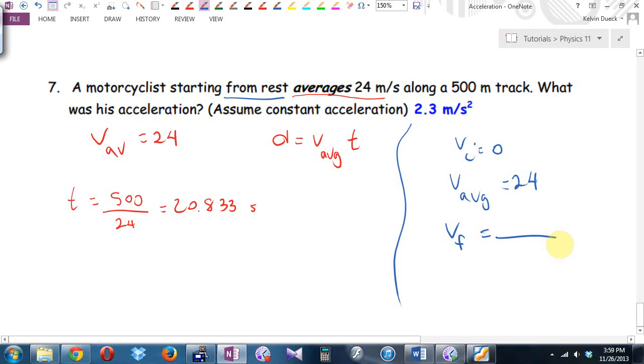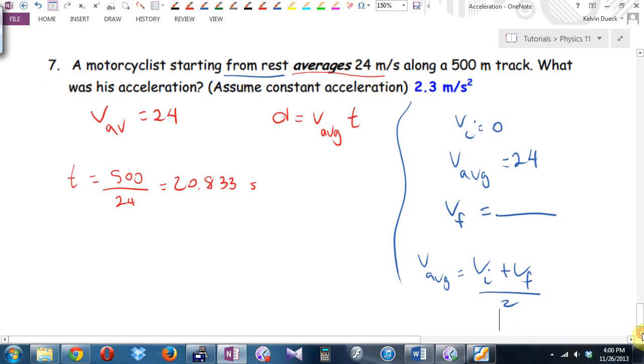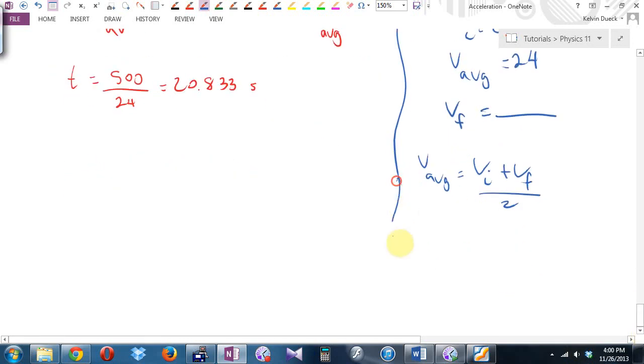Do you know how? How do I find the average of anything? The average of anything is add them up and divide by 2. Add them up and divide by 2, which I guess means that if I want to get V final by itself, take care of that divide by 2 first.